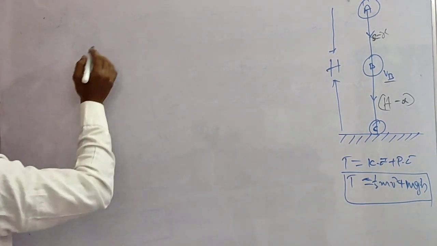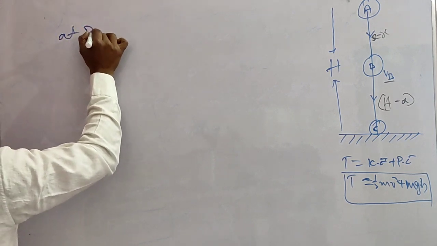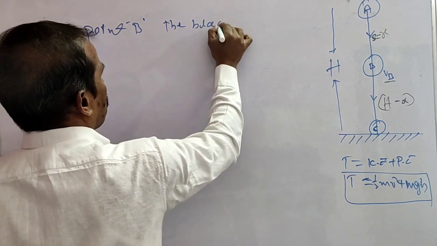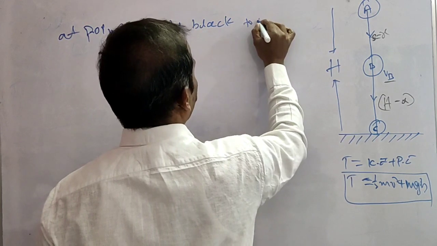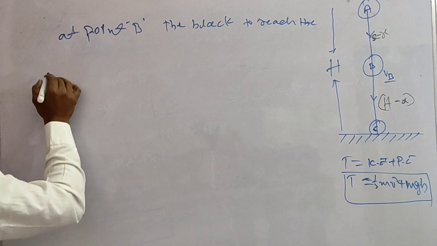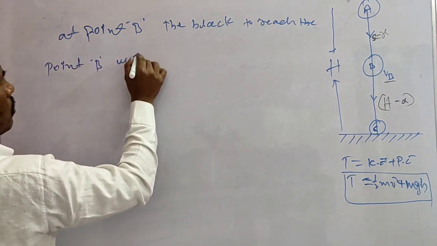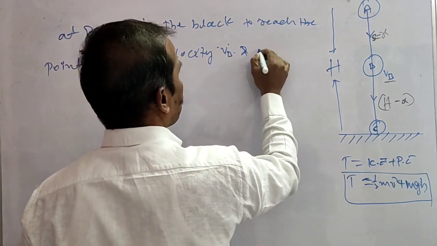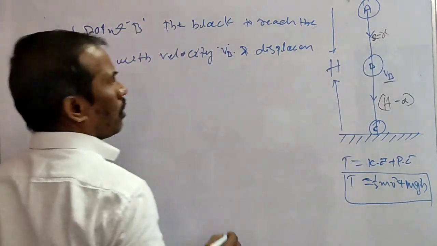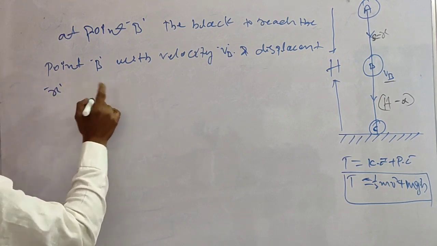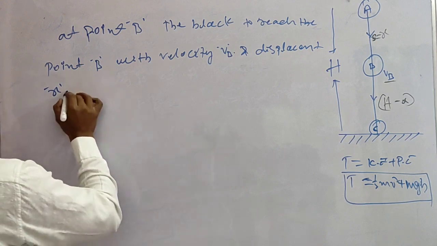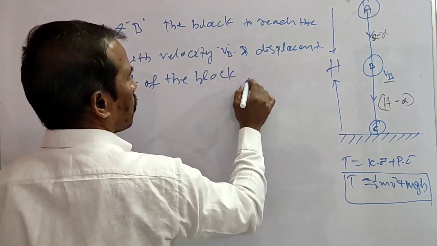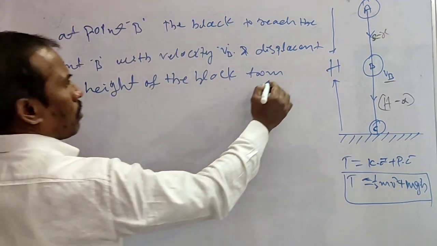Now at point B, the block reaches point B with velocity vb and displacement x, and height of the block from the earth.